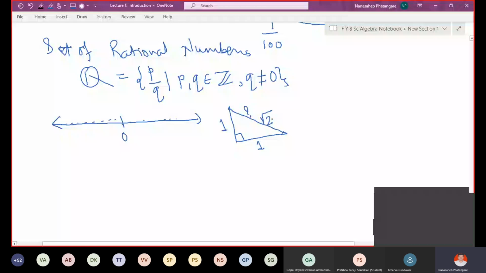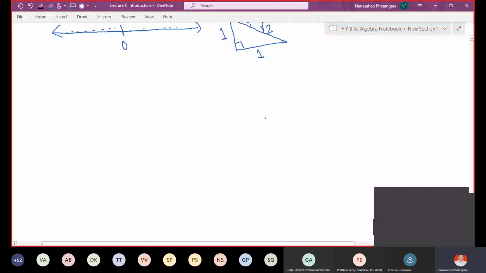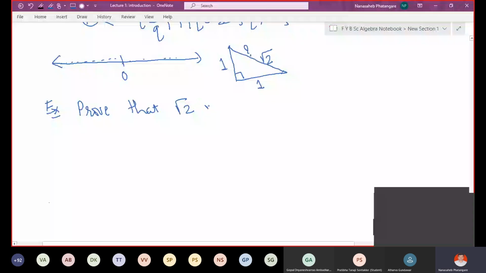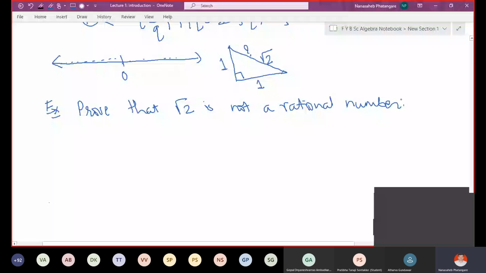People were thinking about it, and then some mathematician found that root 2 is not a rational number. Let us prove this.